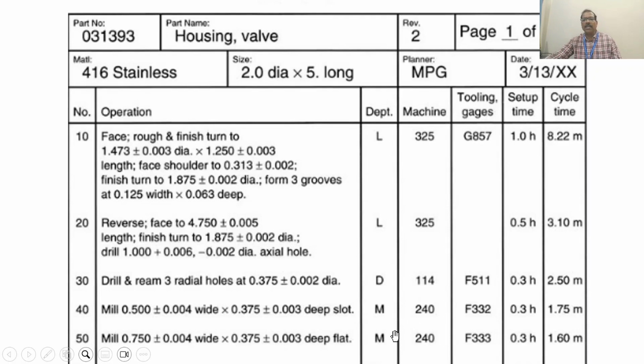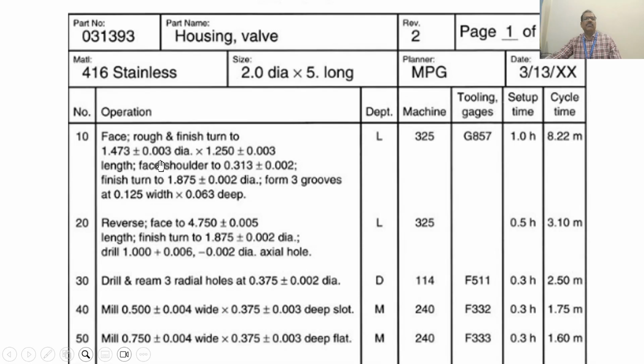Then tooling and gauges: what kind of tool they use. The tool code is G857, for drilling they use tool code F511, and for milling they use F332. Then how much setup time and what cycle time is given for that particular operation. Setup time is given in hours and cycle time in minutes.